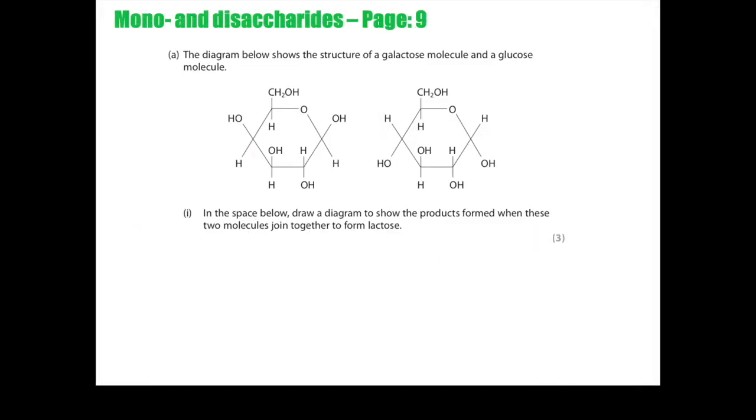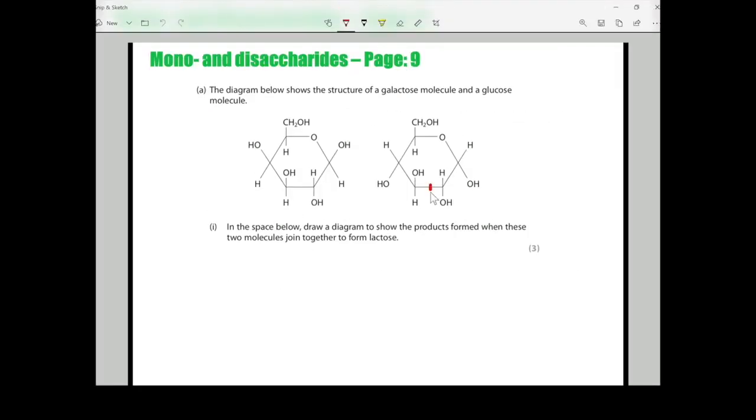Finally, here they want me to draw a lactose molecule. So how am I supposed to draw this? I just need to copy the monosaccharides. So I copy these here. And as I've done earlier, you need to remove a water molecule, and then you show the bond. The glycosidic bond always looks like this.